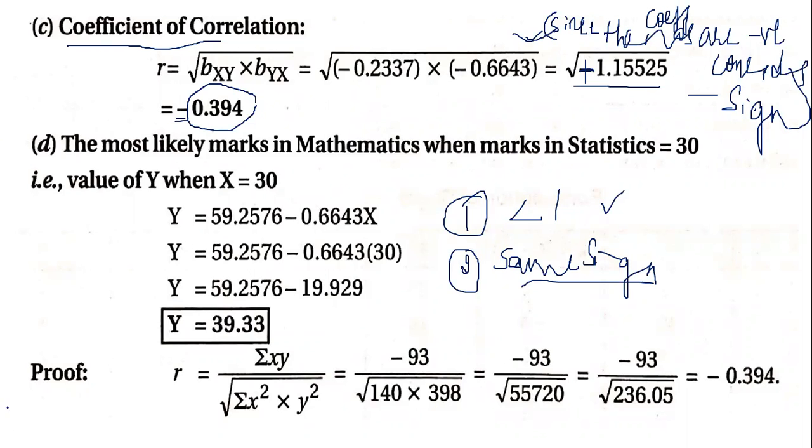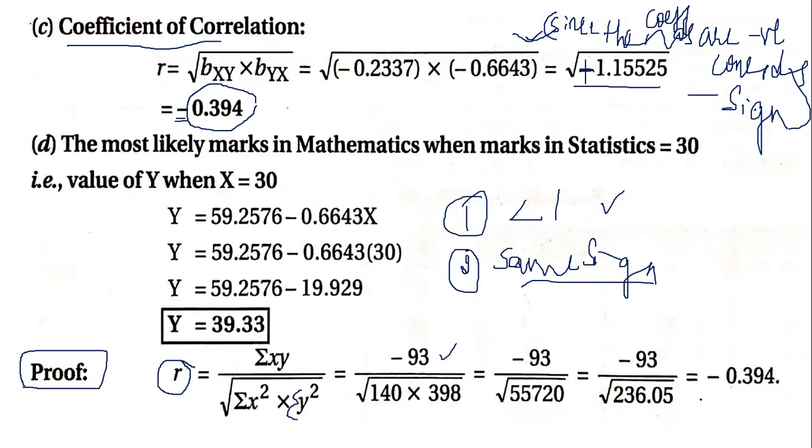Now if you see, they have also calculated the correlation coefficient one more time, like a proof. We are using the original formula of the correlation coefficient, that is sigma xy by the square root of sigma x square into sigma y square. Here sigma xy from the problem is minus 93, square root of 140 into 398.